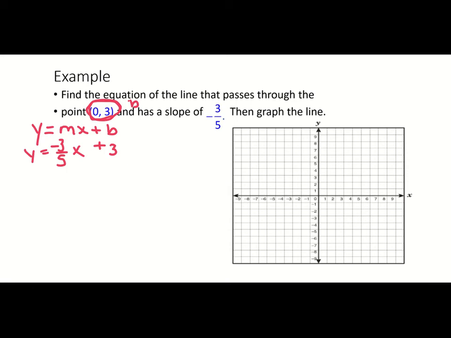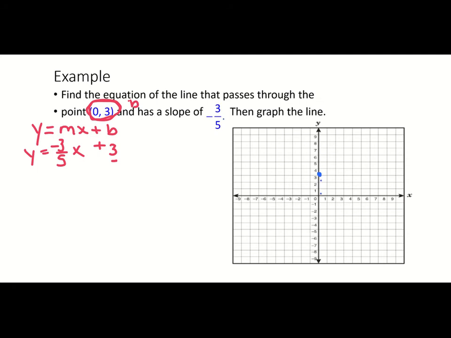Now, they want us to graph it. We did this in the last section, remember? You can graph an equation by starting off. We got the y-intercept, so that's my first ordered pair, 0, 3. So I'm going to plot that right here. My slope is -3/5, so I am going to go down 1, 2, 3, and then over 5.